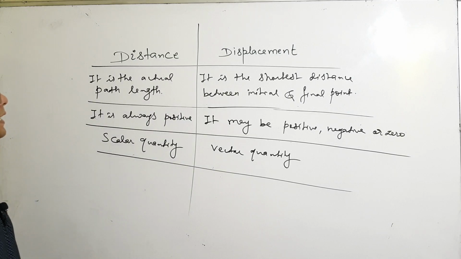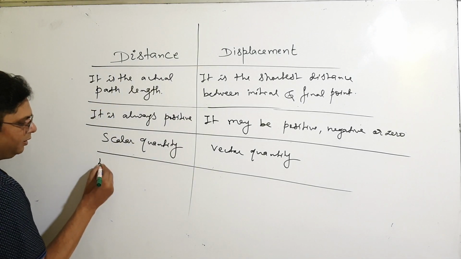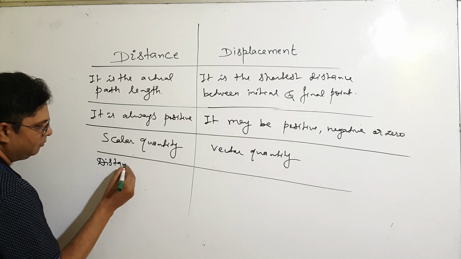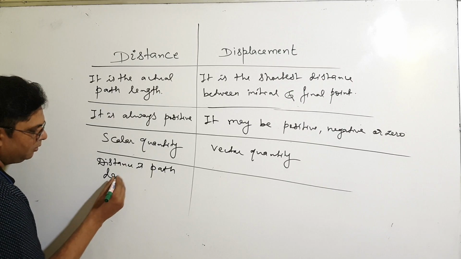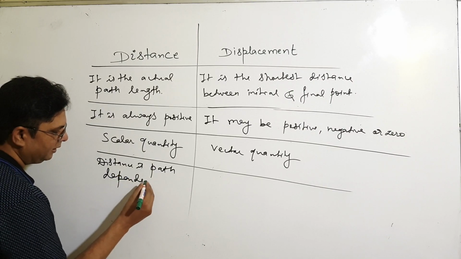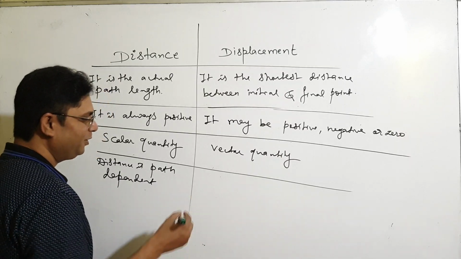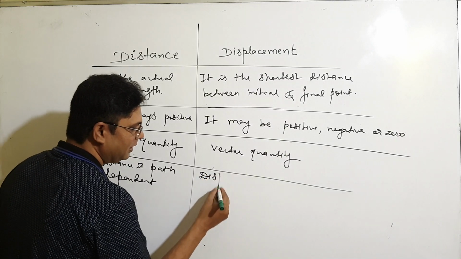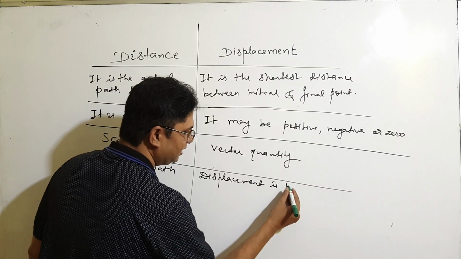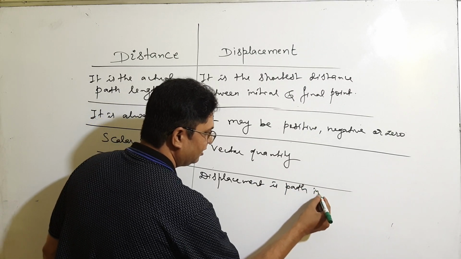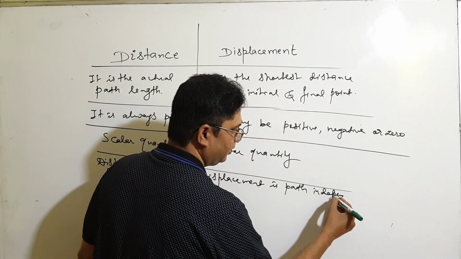So you have seen that distance is a path dependent quantity and displacement is path independent.